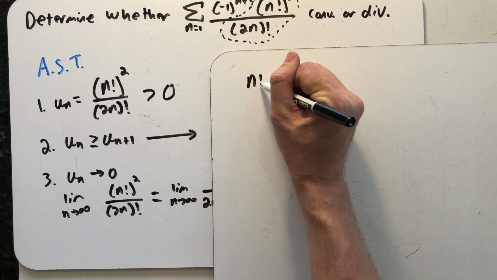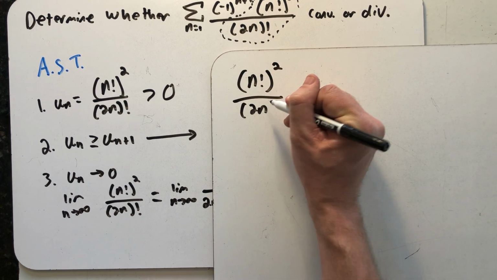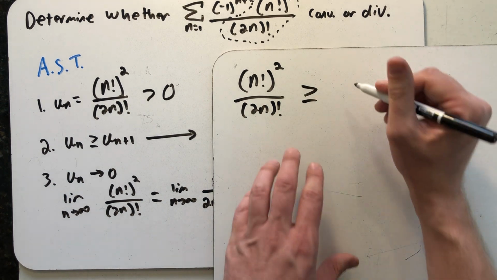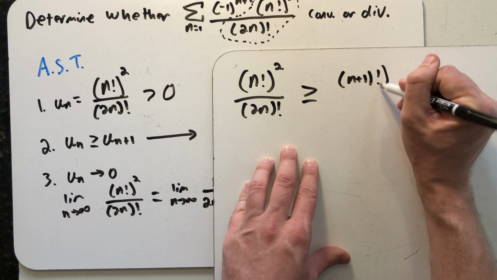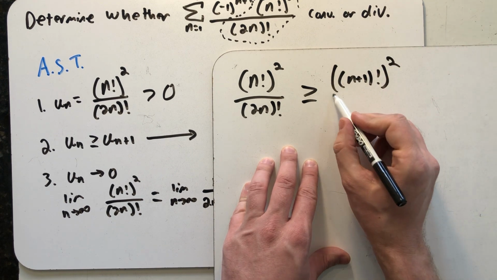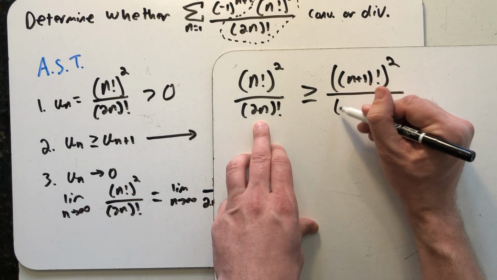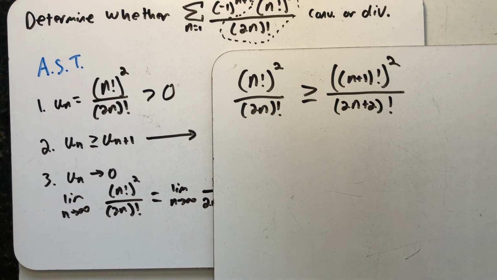So the nth term, n factorial squared over 2 times n factorial, greater than or equal to the n plus first term. So that would be n plus 1 factorial squared all over 2 times n plus 1. So 2 times n plus 2 factorial.